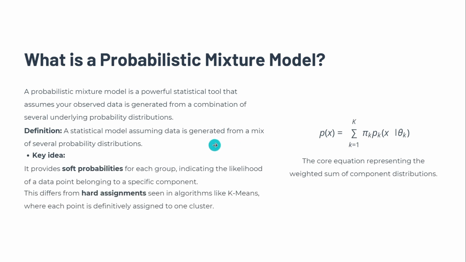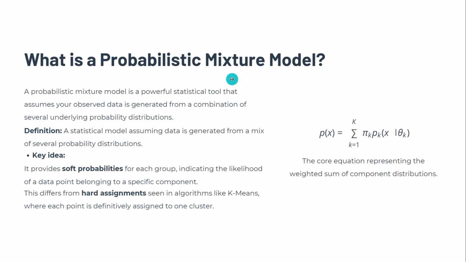So, what is a probabilistic mixture model? In plain English, think of your data as a smoothie. It's not just one fruit, it's a blend of several fruits, where each fruit is a probability distribution and the smoothie is your observed data. Mathematically, we say your data comes from a weighted sum of these hidden distributions.